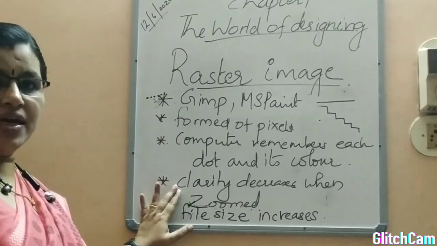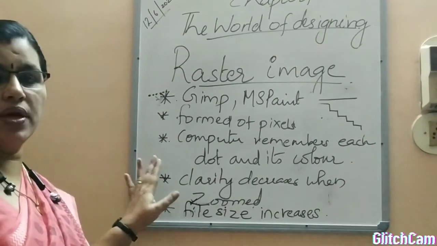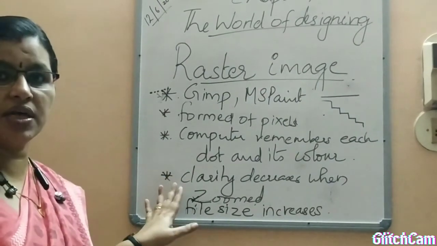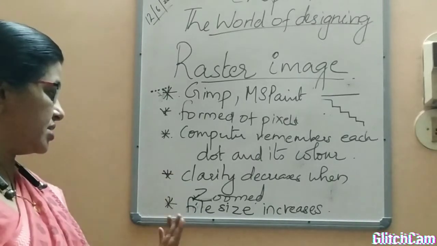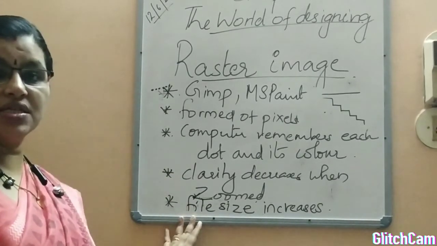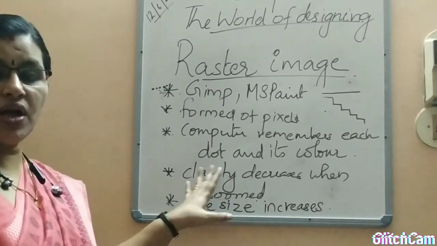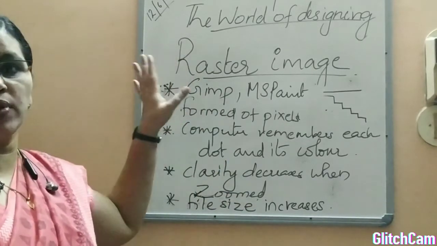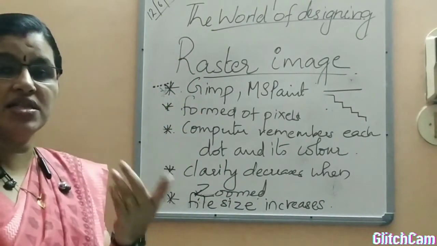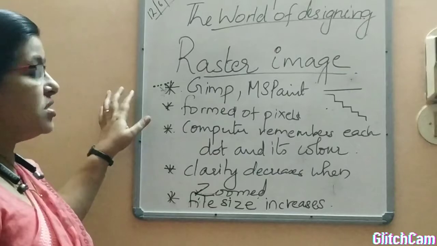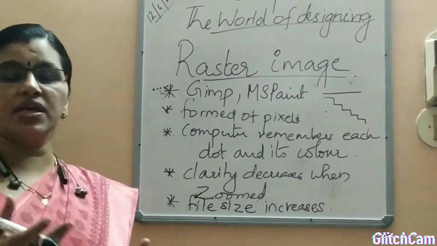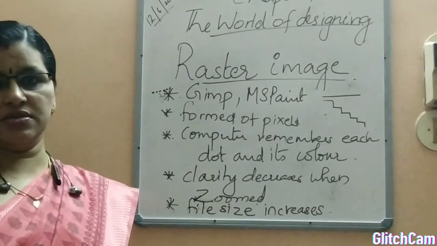What about the clarity? Clarity decreases when zoomed. What about the size? The size is high as compared to vector image. Why is the file size large? Because to increase the clarity, we increase the pixels.